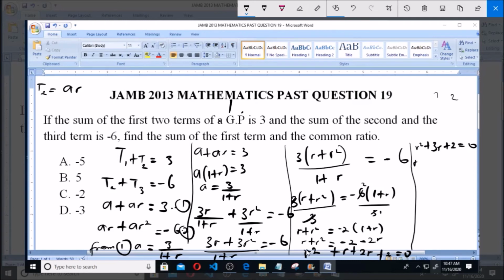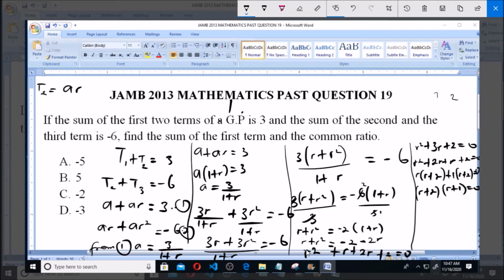So now we have R square plus 2R plus R plus 2 equals 0. Now factorizing, we have R into R plus 2 plus 1 into R plus 2 is equal to 0. That means R plus 2 into R plus 1 is equal to 0.